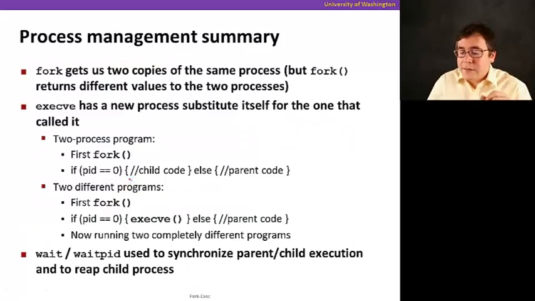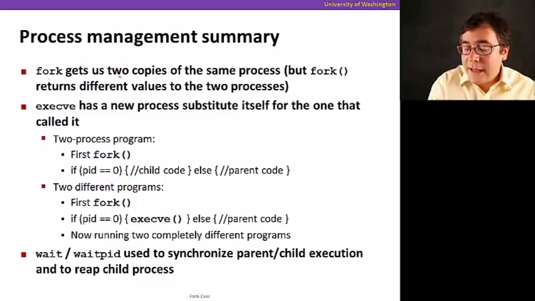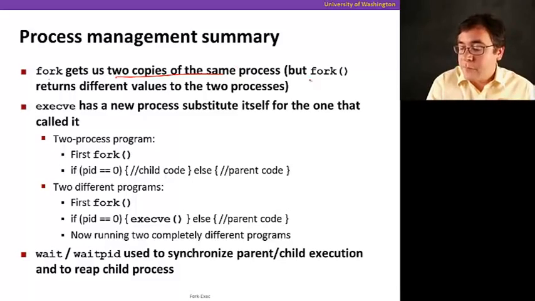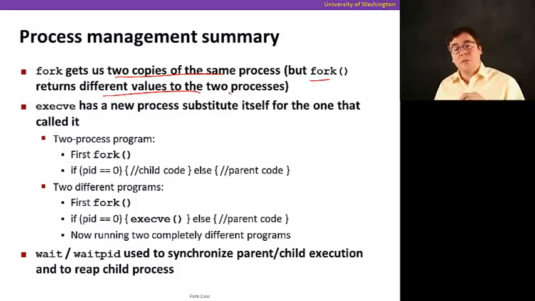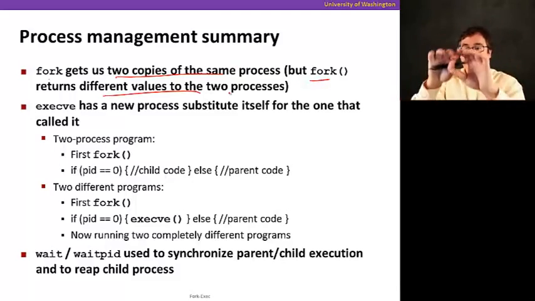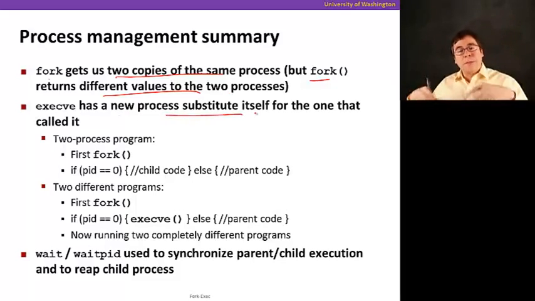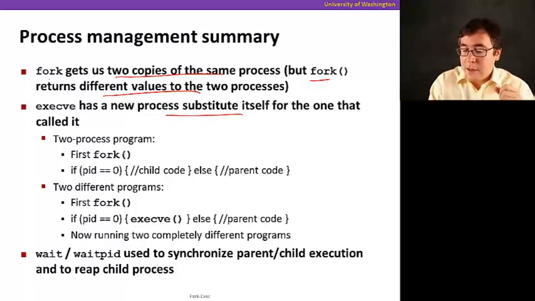To summarize, recall that fork gets two copies of the same process, but fork returns different values to the two processes. Fork is a special function you call once, but it returns twice, because that's the point where it replicates the process. With execv, a new program replaces the process that called it. Here's an example of a two-process program.